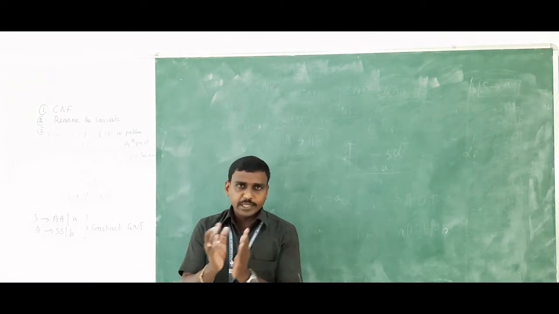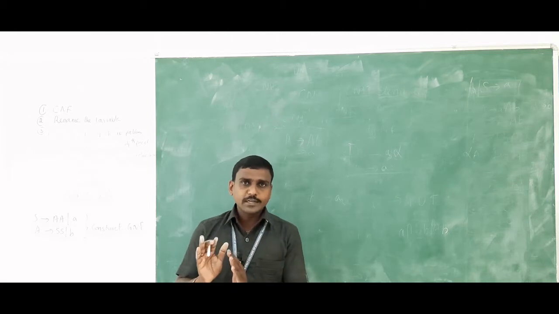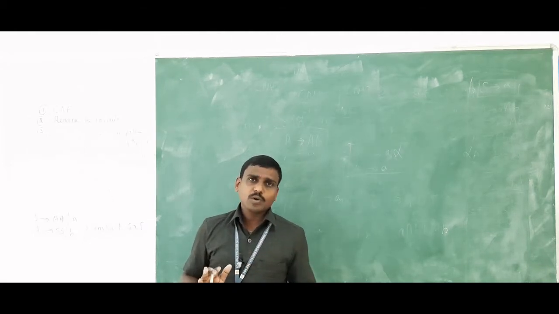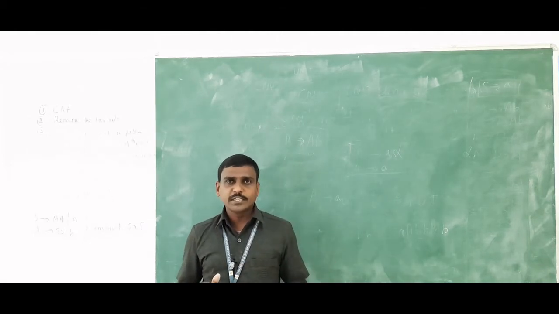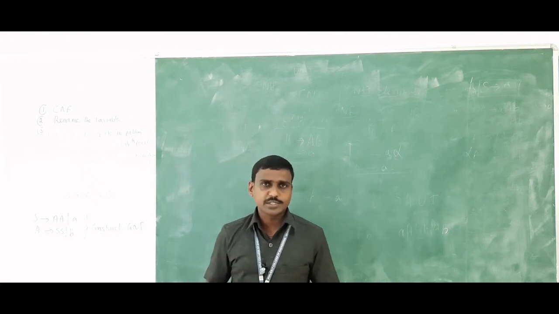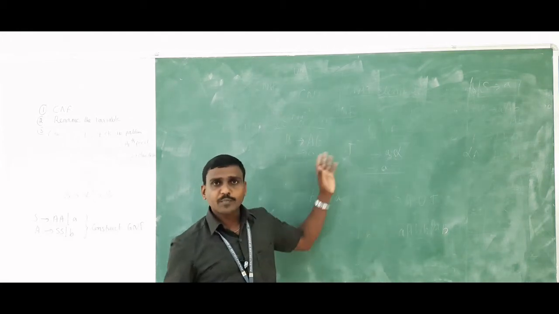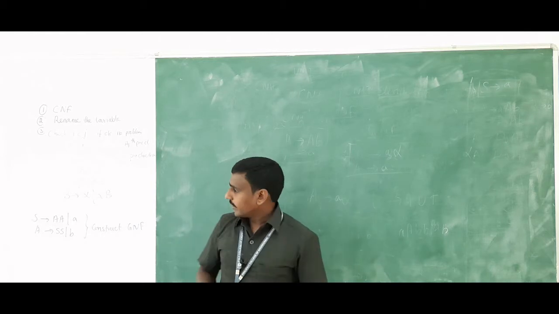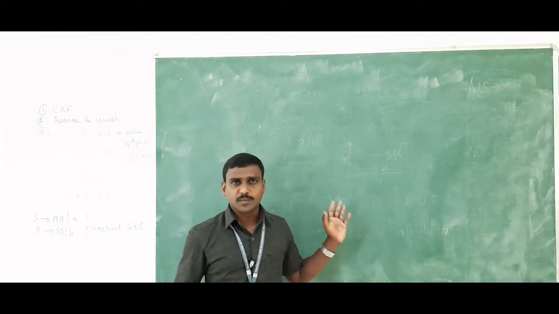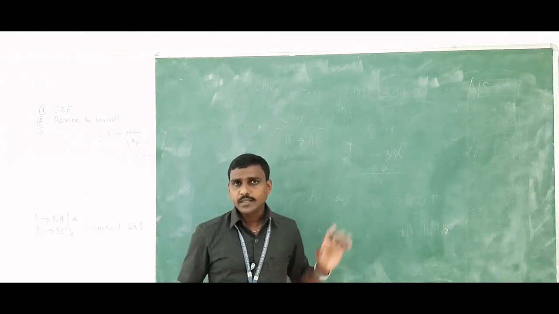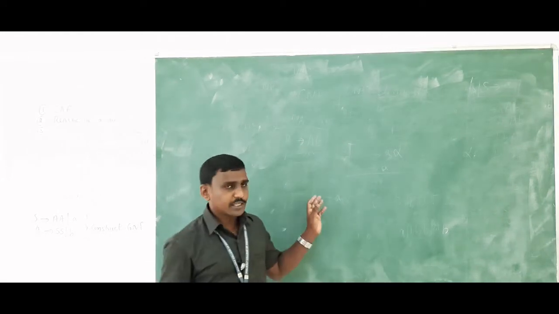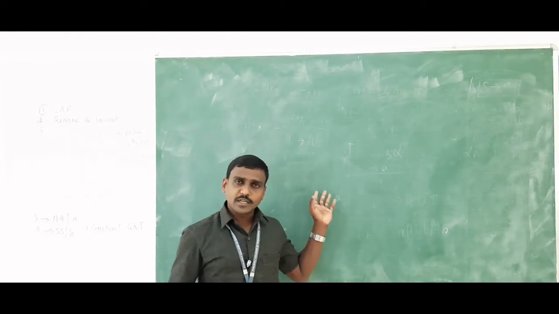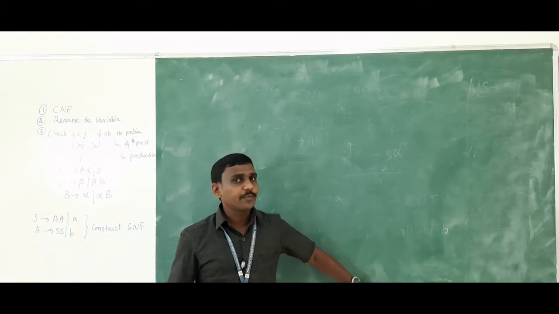That means one variable tends to two variables, or one variable tends to one terminal. If they are not giving Chomsky normal form, you have to convert into Chomsky normal form. That I explained in the previous video, you just check it. So your input should be Chomsky normal form. That is, your question should be in Chomsky normal form. If there is a Chomsky normal form, then only you can convert into Greibach normal form.